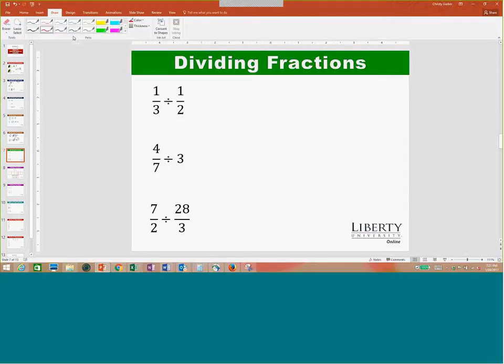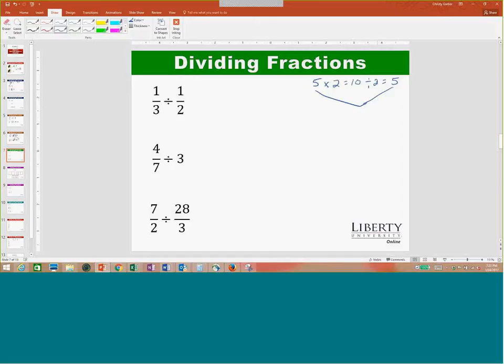Let's talk about dividing fractions, because that's very, very similar to what you just saw, except that we have to flip the second fraction. Multiplication and division are inverse operations, and what I mean when I say that is, if I were to multiply, let's just say, 5 times 2, turn around and divide by 2, it undoes each other, so I end up where I started.